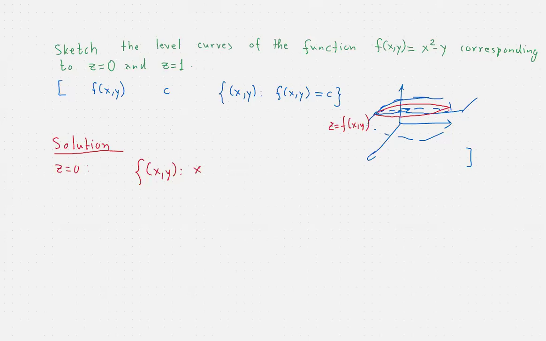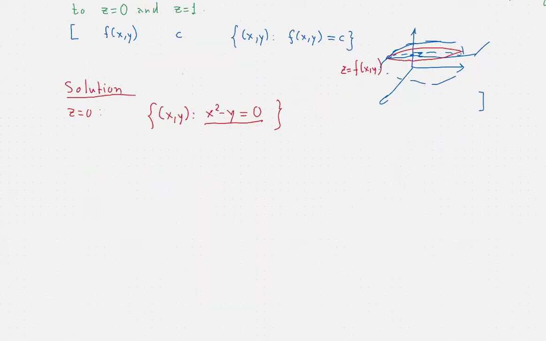So what we should focus on is this equation. That will define a curve on the xy plane. And of course, this curve is none other than y equals x squared. So we can easily sketch this curve. This is our usual parabola. So this is y equals x squared.